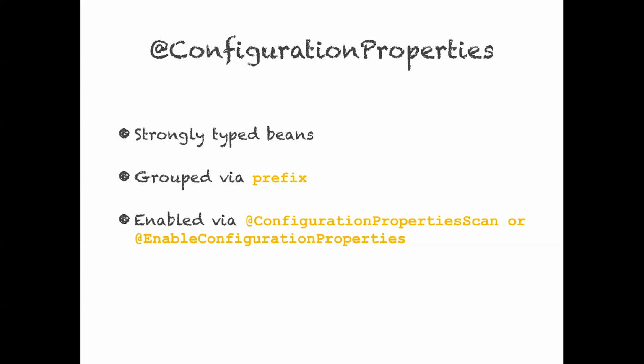Or if you don't want to enable automatic scanning, you can either explicitly declare them as beans or use the @EnableConfigurationProperties annotation. You can also have special rules on these configuration properties, and you can use the @Validated annotation to validate them.